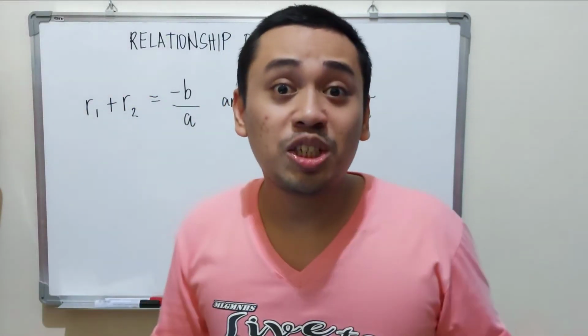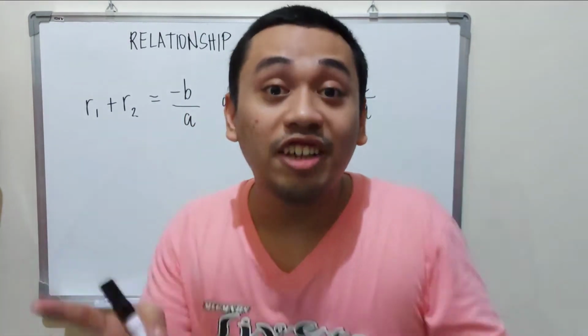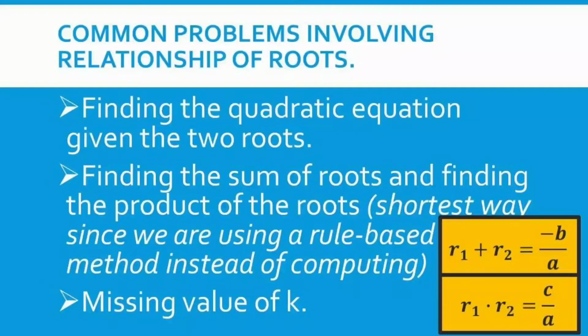So this relationship of roots is very important in solving several problems, 3 of which are the following. We can use this relationship of roots to the coefficients of a quadratic equation in solving problems involving the following: finding the quadratic equation given the two roots, finding the sum of roots, and finding the product of the roots.